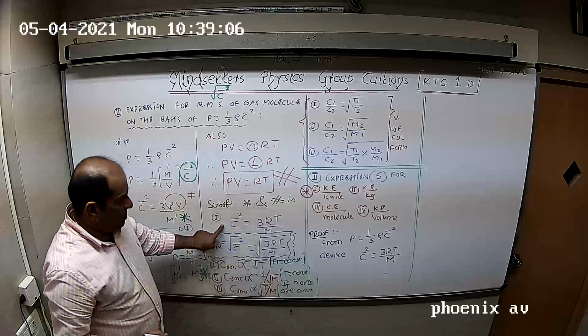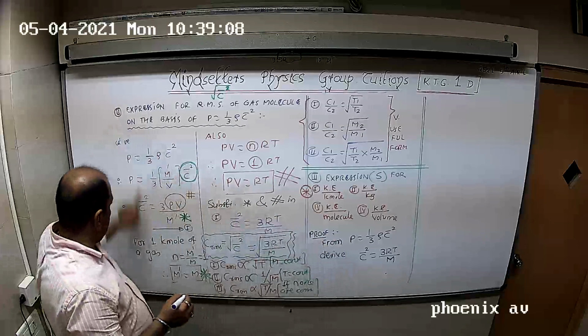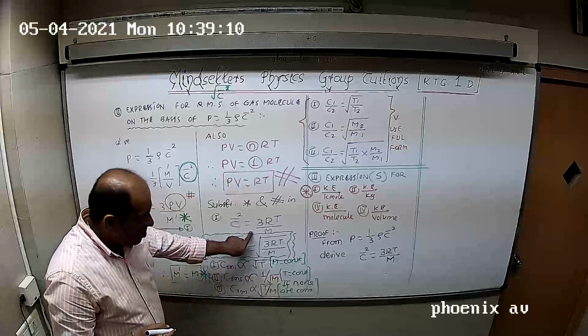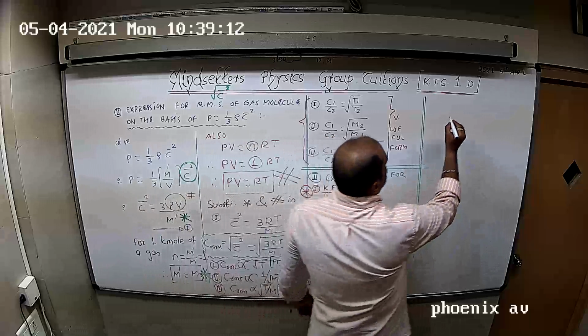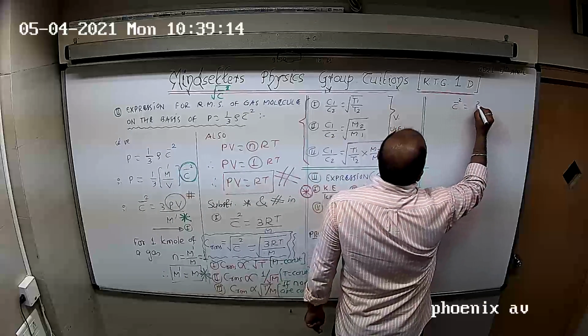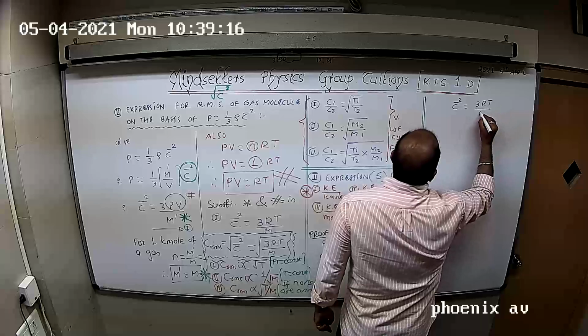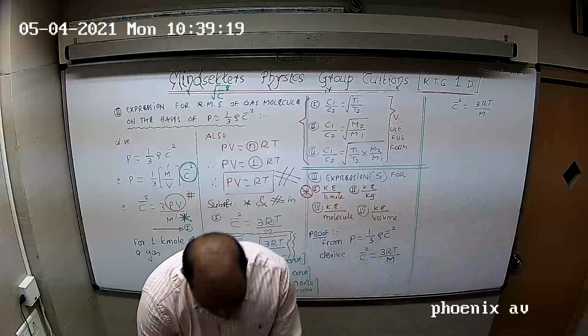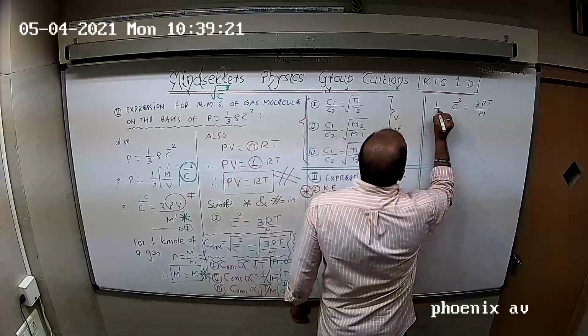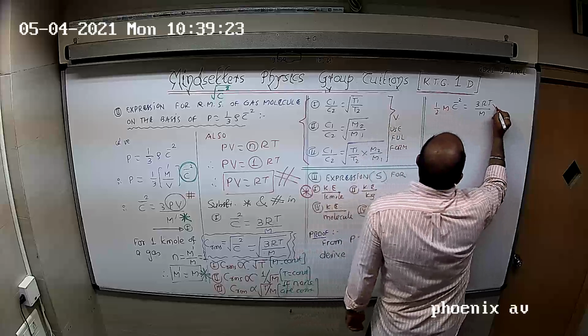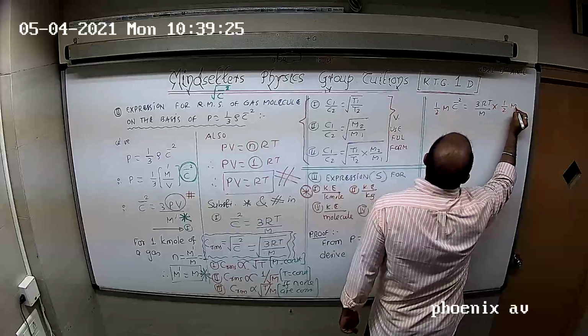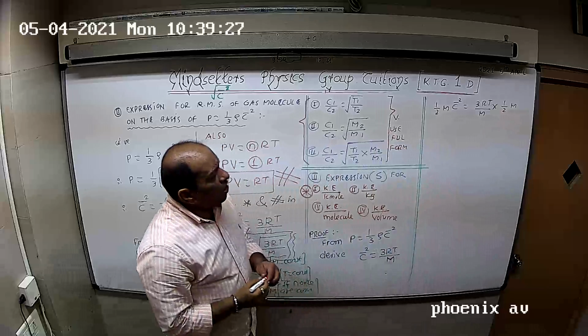Derive this from P equal to 1/3 of C square, and then see what needs to be done. C bar square is 3RT upon M, multiply both sides by half M. Yes or no?